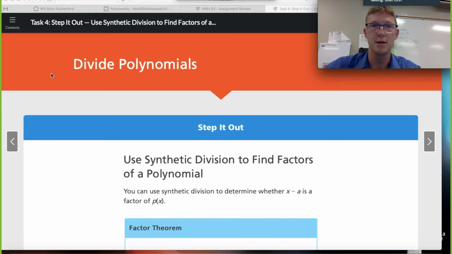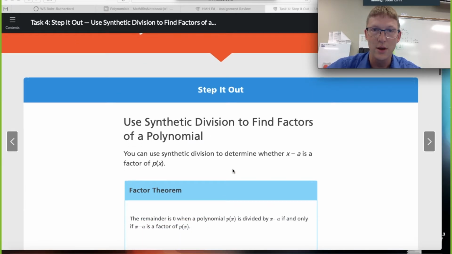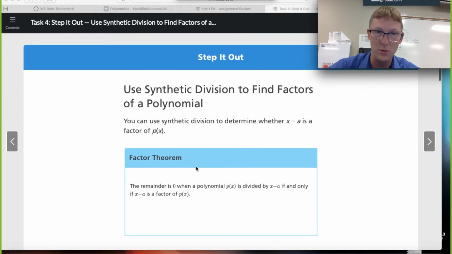All right, next up, we can use synthetic division to find factors of a polynomial. This is the same as using long division, and if you get a remainder of 0, it is a factor. So in the same way, synthetic division can determine whether x minus a is a factor of p of x, or some polynomial function.